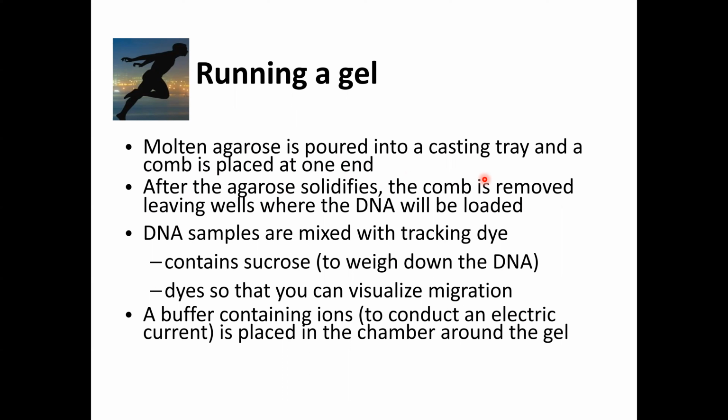They were trying to give you some insight into the basic steps, so this is just an overview. We have molten agarose poured into the casting tray, and then there will be a comb that creates wells, which will separate specific sizes.